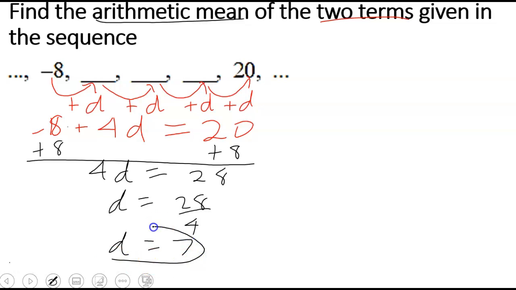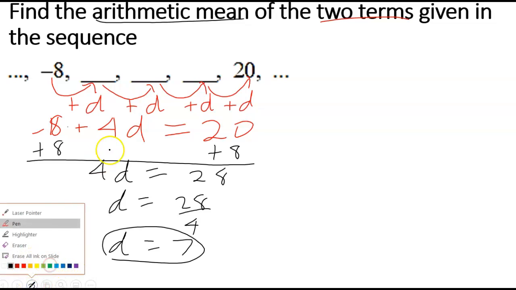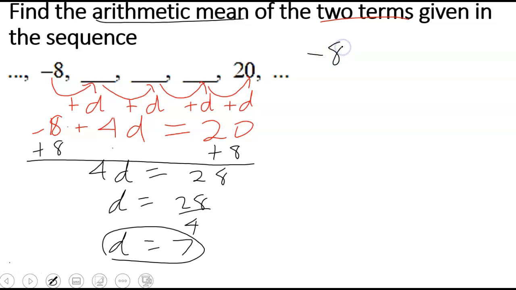So now that we know what the common difference is, we can add it to find the arithmetic sequence here. So we're going to do now -8 plus 7. That gives us -1. Then -1 plus 7, we get 6.